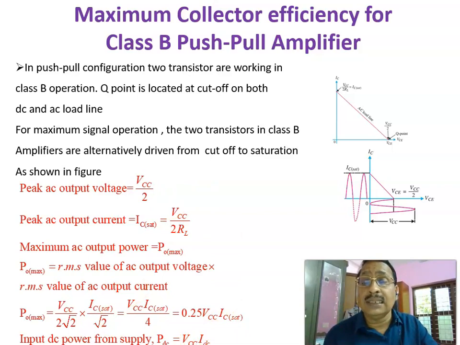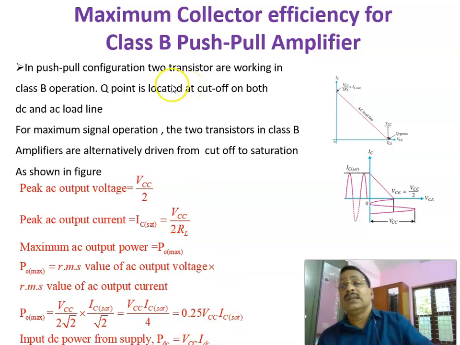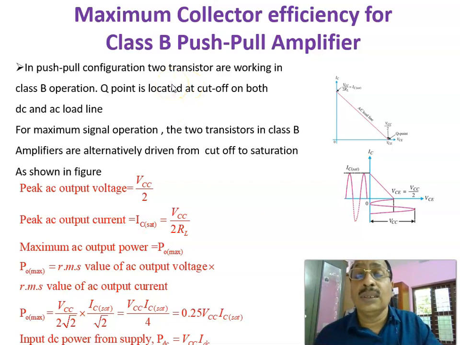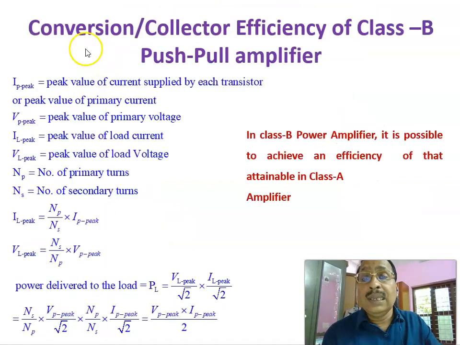Now let us derive the equation for the collector efficiency or conversion efficiency of the class B push pull amplifier. That will be in the next slide. Let us see the conversion or collector efficiency of the class B push pull amplifier derivation.